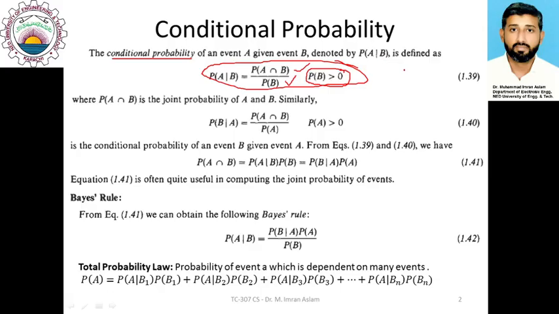That means it should not be equal to 0. If probability of B becomes 0, in that case conditional probability does not make any sense, because conditional probability is calculated when B has already occurred. So if probability of B is 0, that means B will never occur, and we cannot calculate conditional probability.